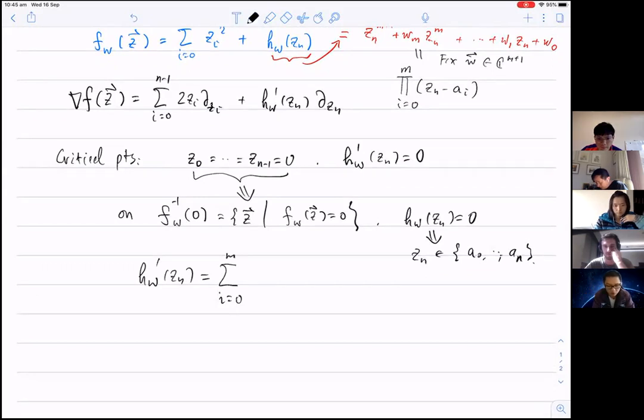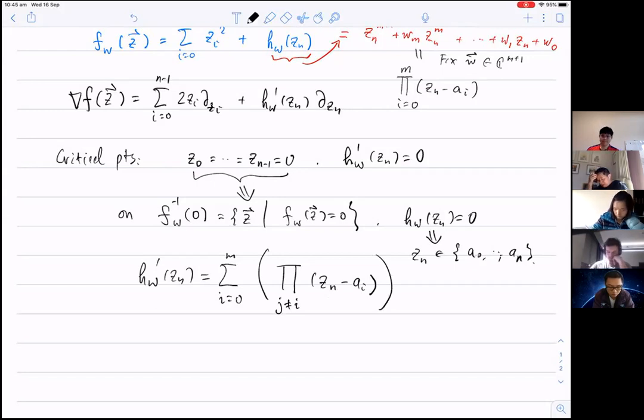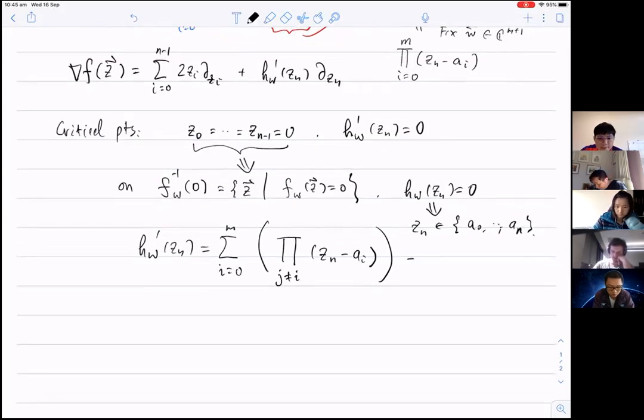So there will be a chain rule, and each term is a product over j not equal to i. Right? So that is the derivative.